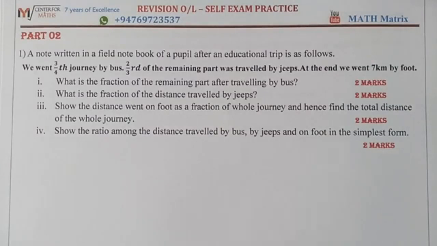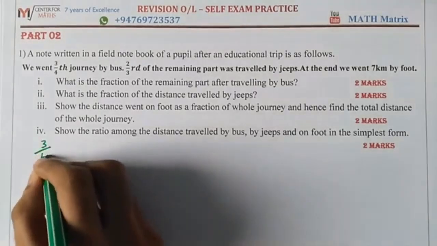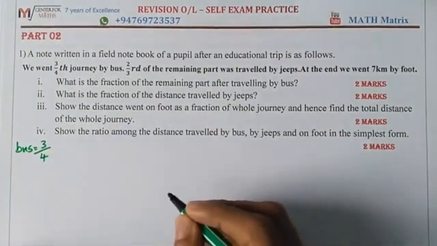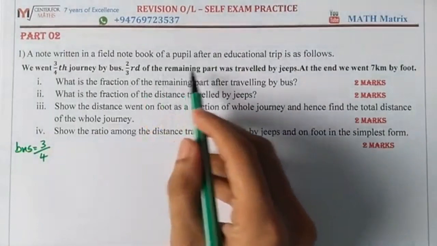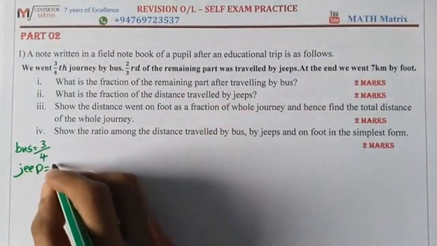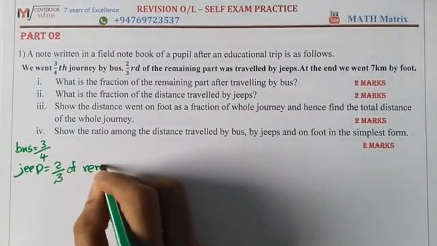A note written in a field notebook of a pupil after an educational trip is as follows. We went 3/4 of the journey by bus. They have gone 3/4 by bus. And the next one, 2/3 of the remaining part was travelled by jeep. 2/3 of the remainder.